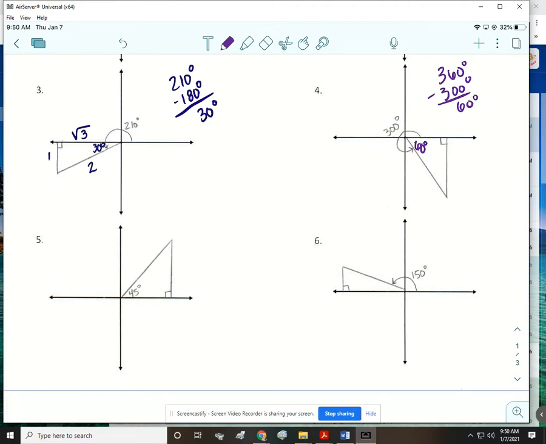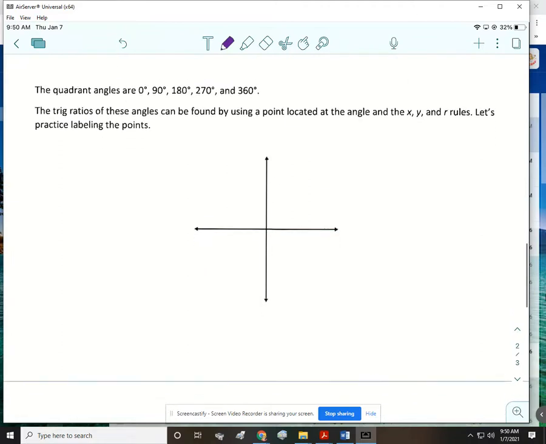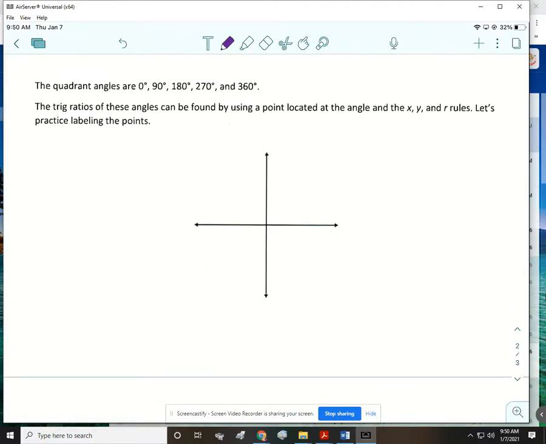So that means if this is 90 and this is 60, this one is 30. And I know opposite of 30 is 1, hypotenuse is 2, opposite of 60 is the square root of 3. All right, so that's what I want you guys to do on the rest of those triangles. Then we're going to skip down to these quadrant angles.